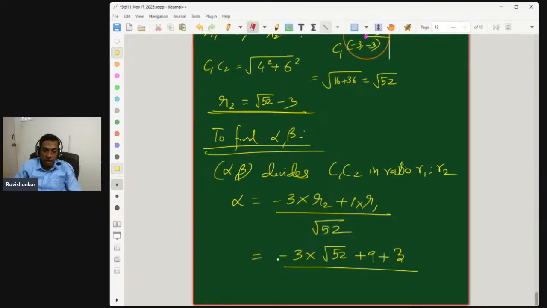Actually, if you keep R2 directly, might be easier.